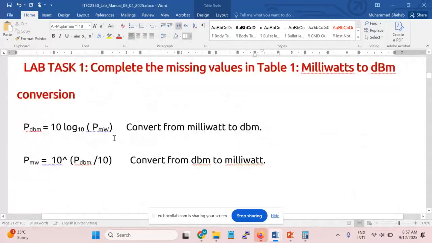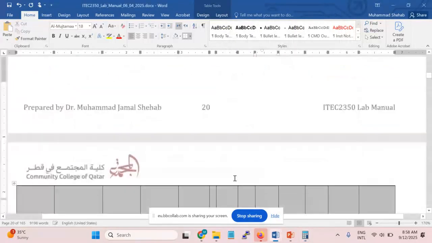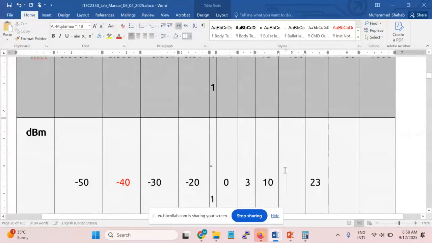But what about 100? 10 log of 100 equals 2 times 10, it will equal 20. How is this calculated?